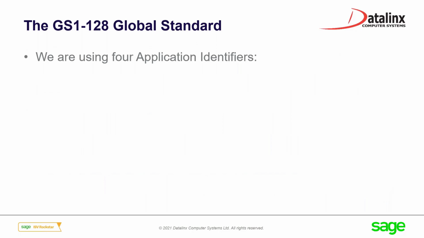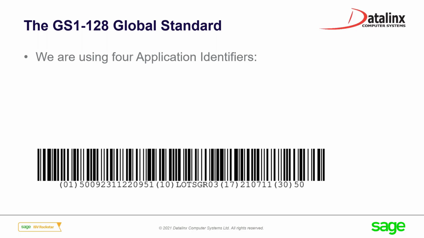However, in our examples today, we are going to be using 4 out of the 800 or so application identifiers. And the following GS1 barcode is similar to the construct that we'll be using throughout today's webinars.